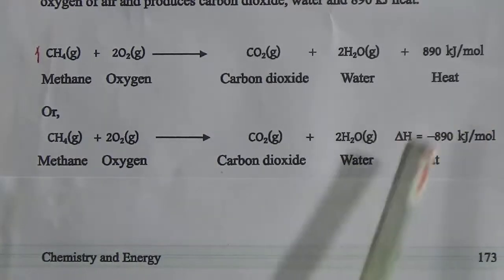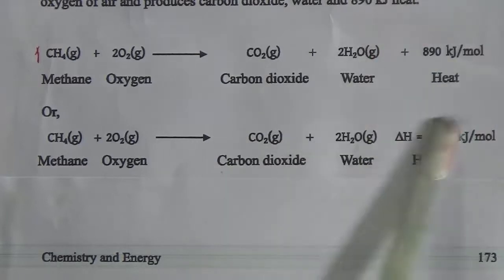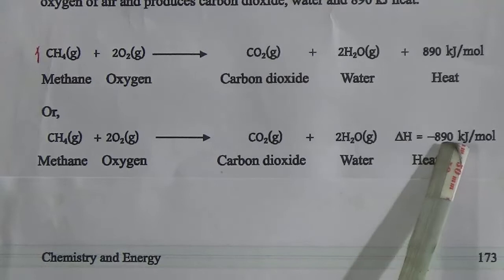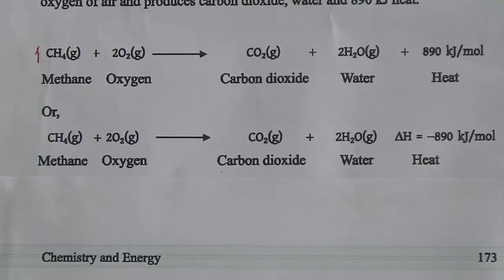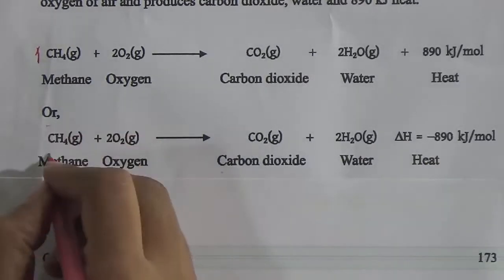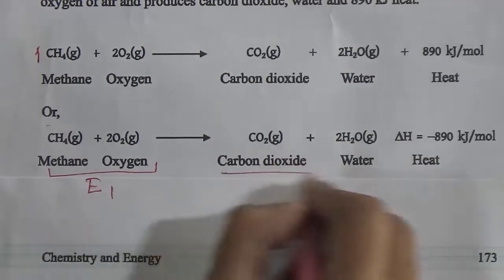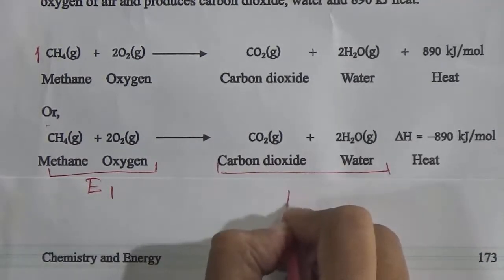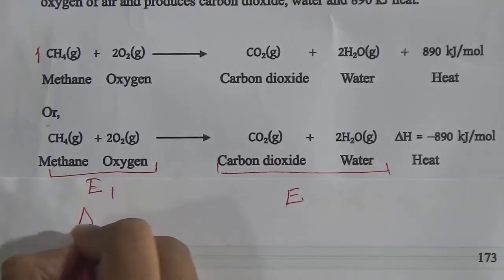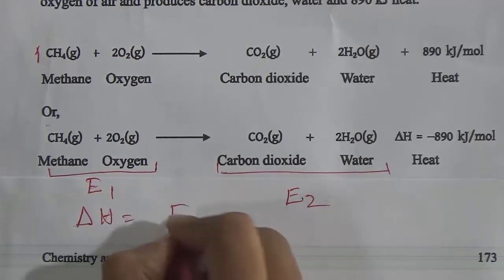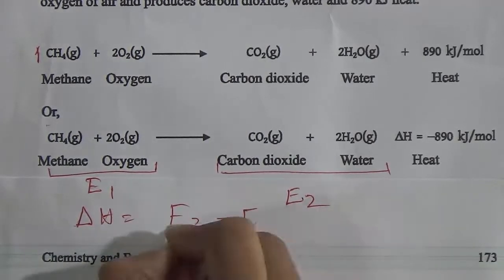Because this energy is produced here, the value of del H is minus 890. That means this portion is E1, this portion is E2. Del H is equal to E2 minus E1.